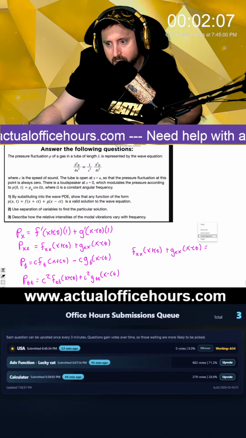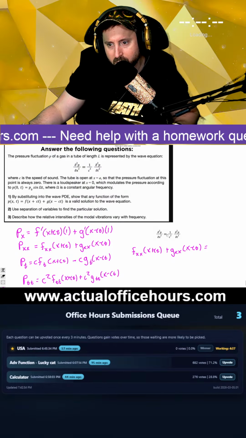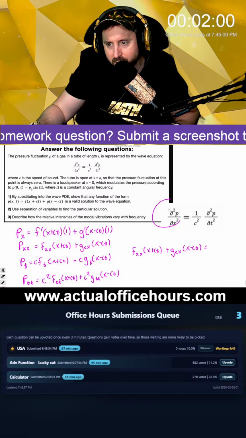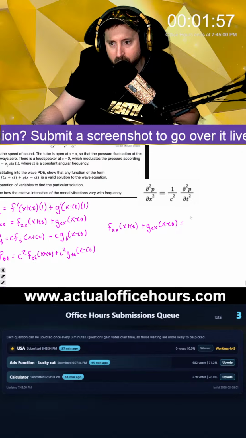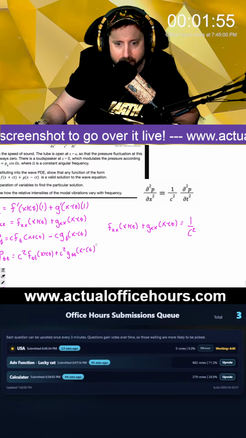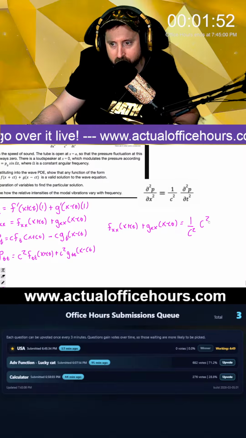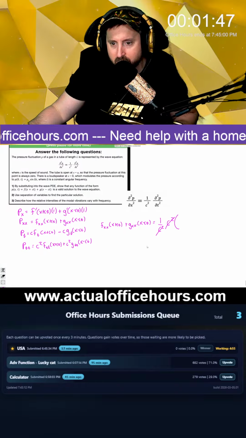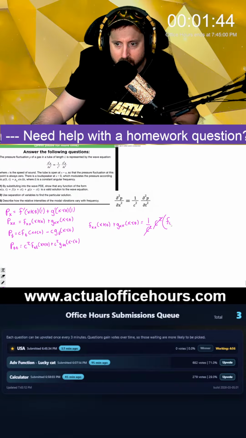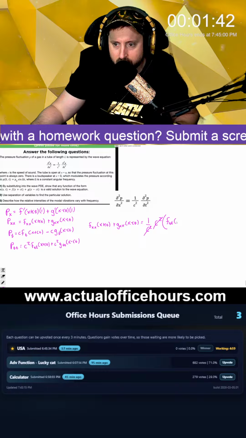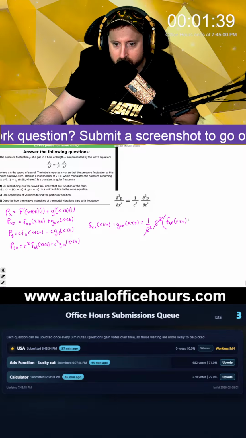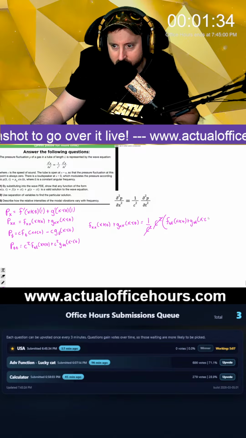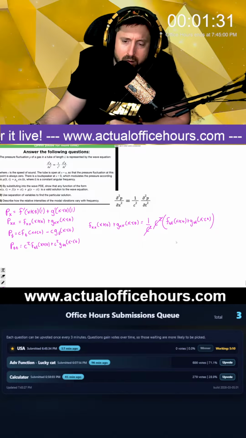So this corresponds to this, and then we have 1 over c squared, and there's a c squared you can pull out, so that's going to cancel. And then that's going to be f_tt of (x plus ct) plus g_tt of (x minus ct).